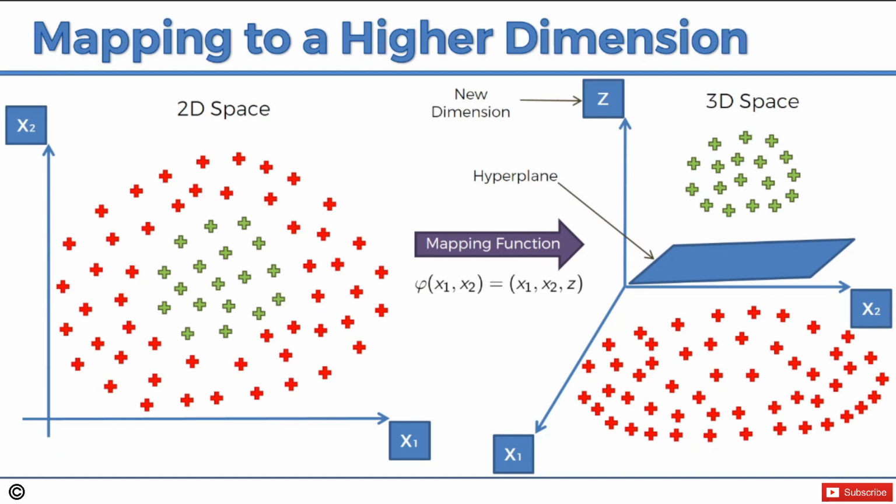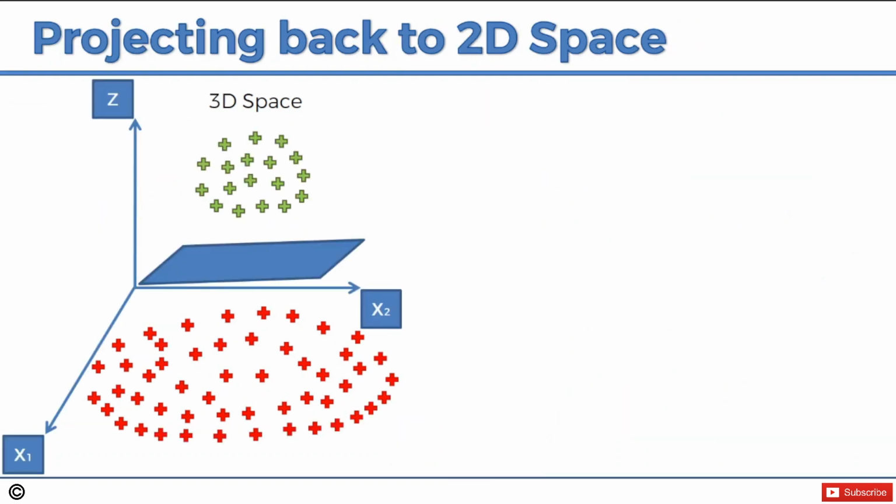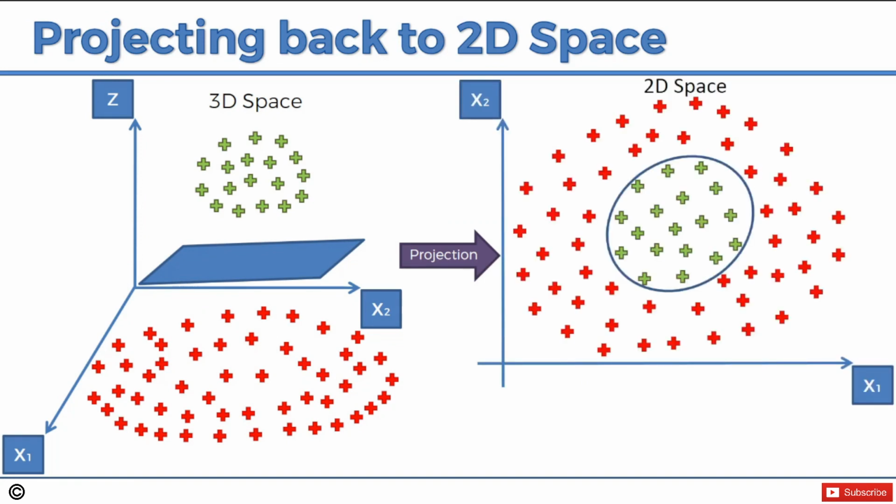This hyperplane separates the two parts of our data set in the way we want. So the support vector machine algorithm has helped us build this hyperplane. Then we just project it back into our two-dimensional space, and we've got this circle that encompasses our classes, or separates our classes. And there we go, we've got the non-linear separator.